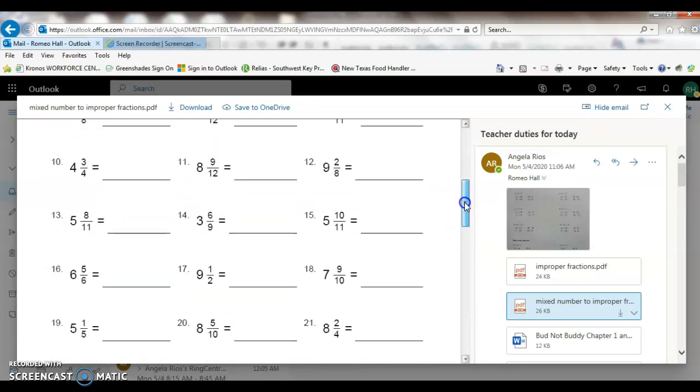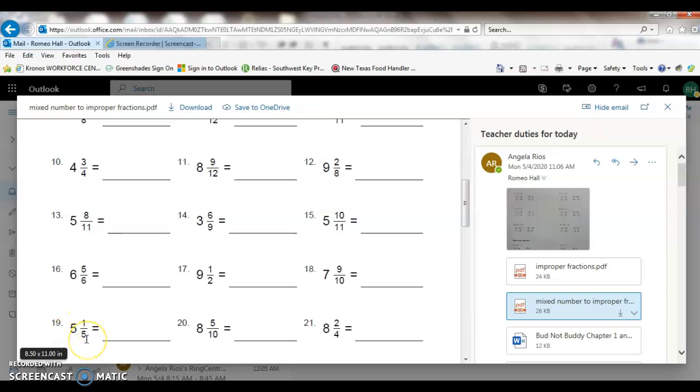Okay. Let me do one more. Let's start with 19. So it should be 5 and the fraction 1/5. What we're going to do first is put the denominator, which is 5. And then for the numerator, we're going to get 5 times 5 plus 1.